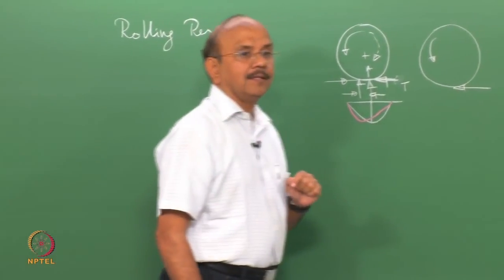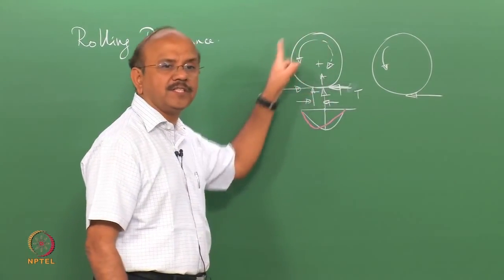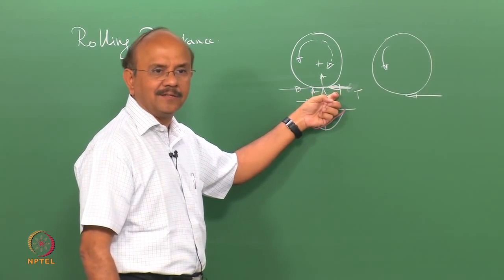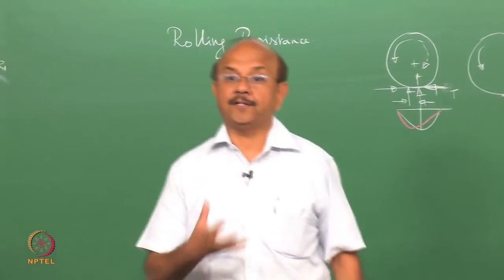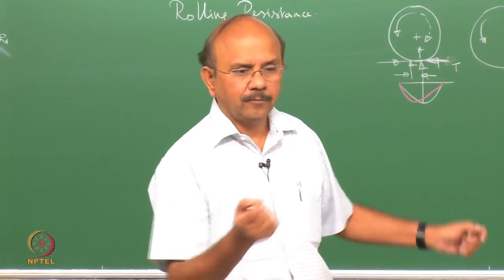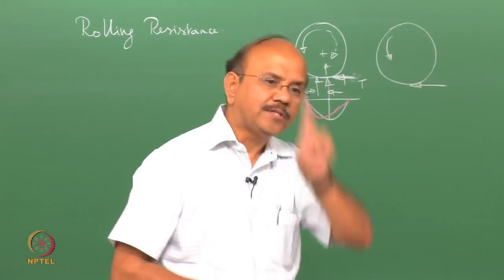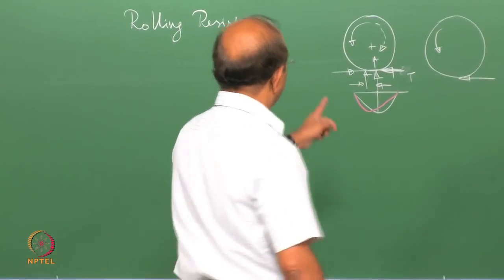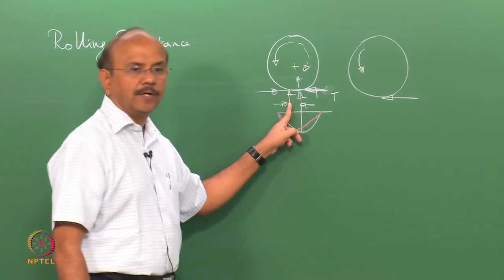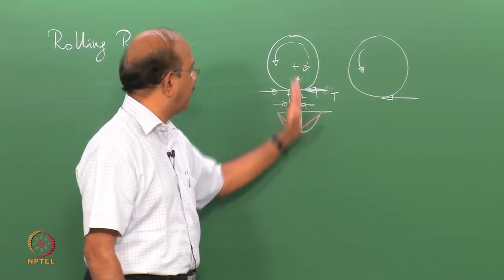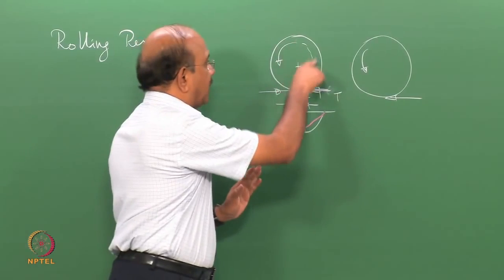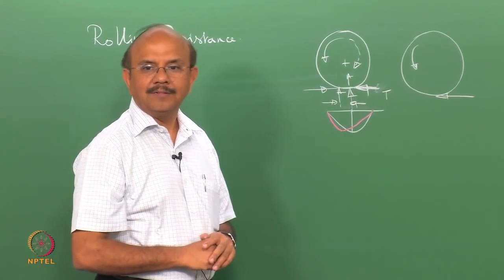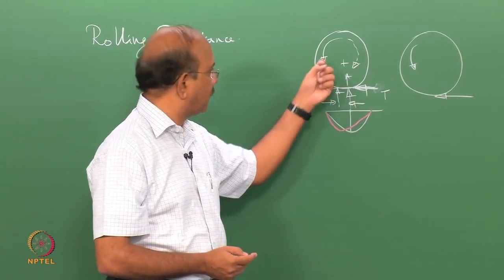Now, since the traction force is in this direction, I have substituted it with the force like this, because of the effect of the ground onto the wheel. I do the same thing for rolling resistance torque, which is produced by this force. So, when I shifted it here, I had a force in this direction and I also had that moment, and now that is very similar to the traction force.